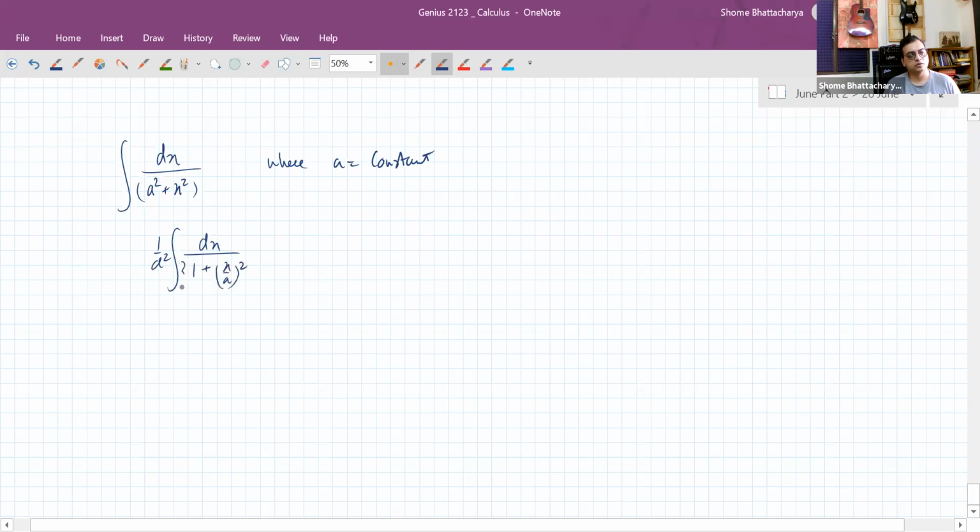Okay. So we just divided the numerator and denominator by a square, and then we can substitute x by a as z. Okay.